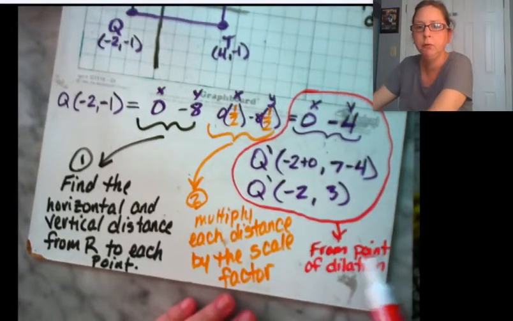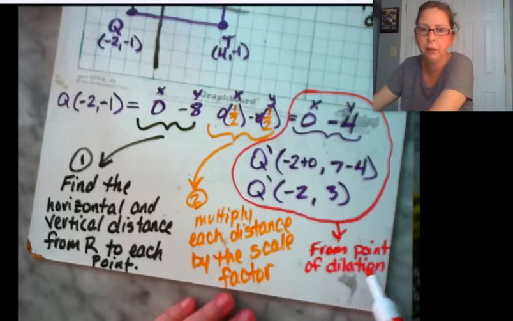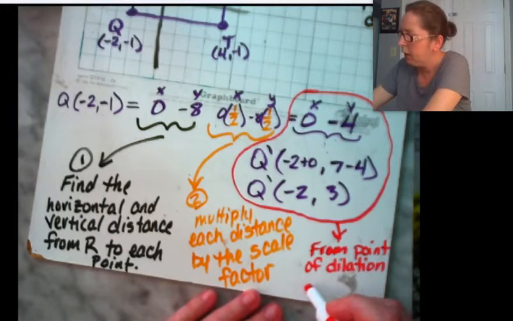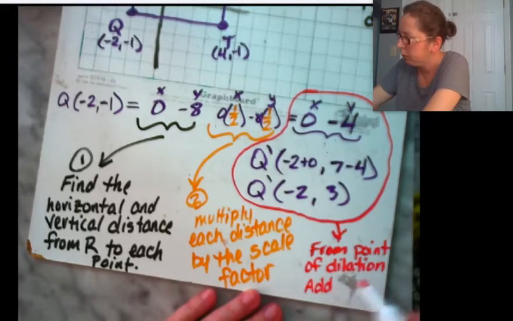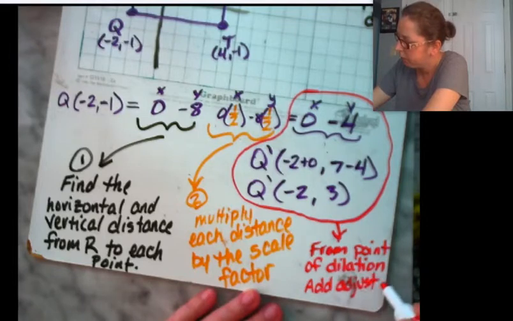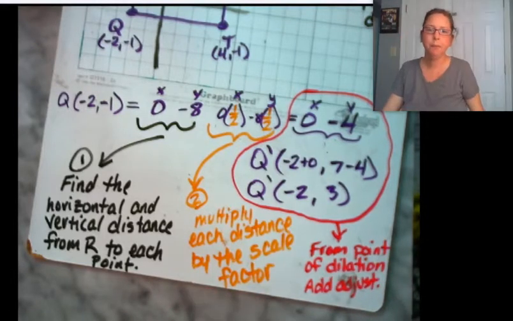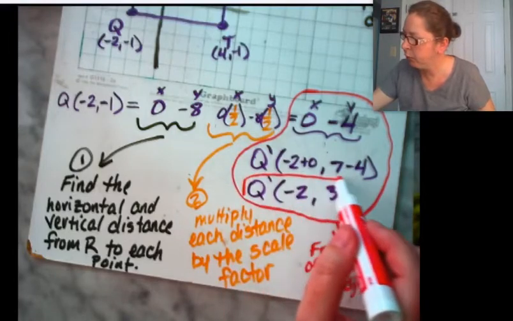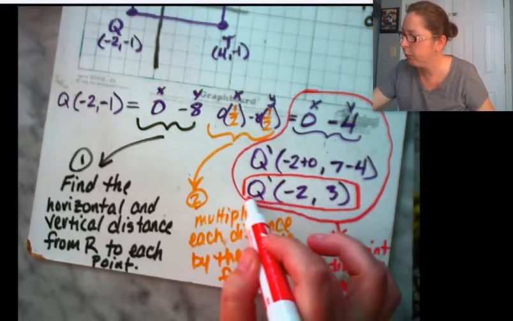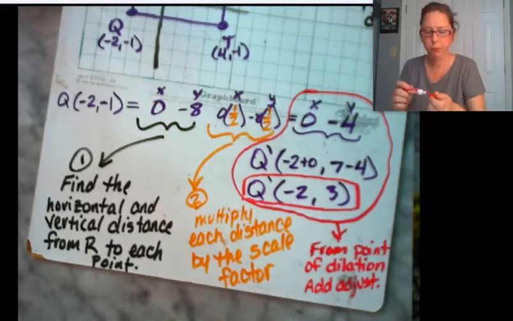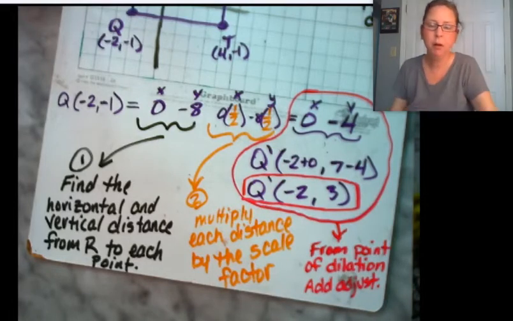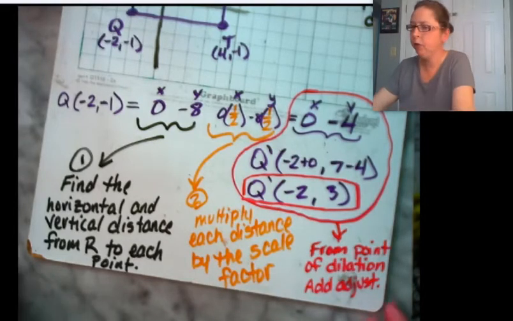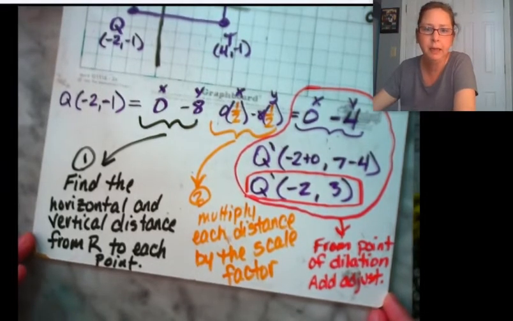So from the point of dilation, add these adjustments. Okay, and then that got me to my final new image point, which is right here. If you want to pause this video and jot those notes down, you can.